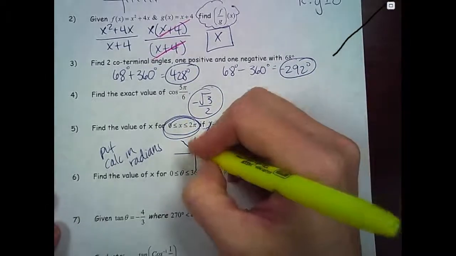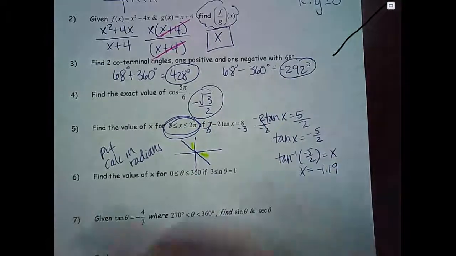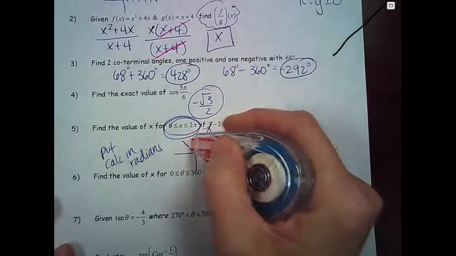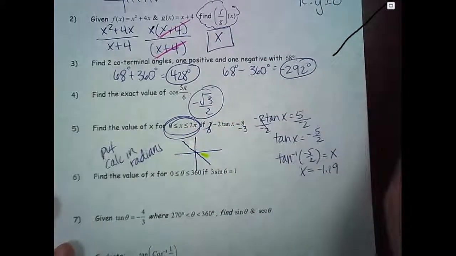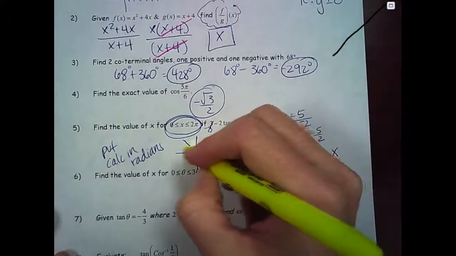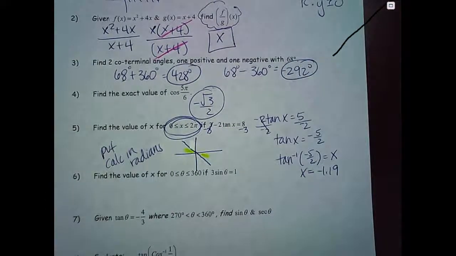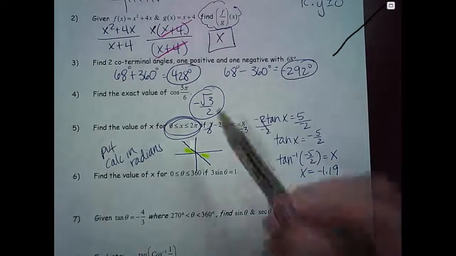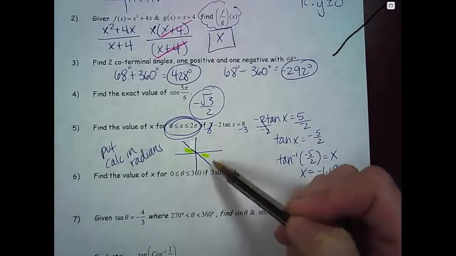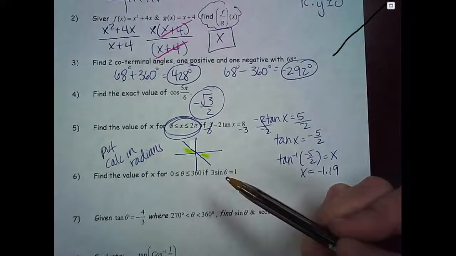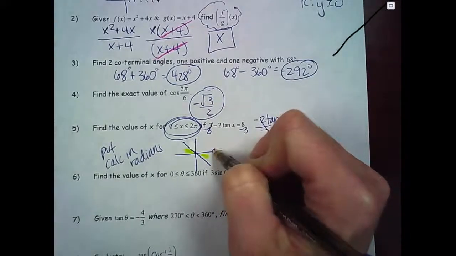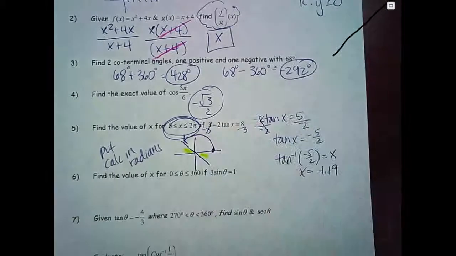Oh, I shaded that wrong. It told me the highlighted section is 1.19. The problem is it's a negative, right? To get from here to here, it's negative 1.19.